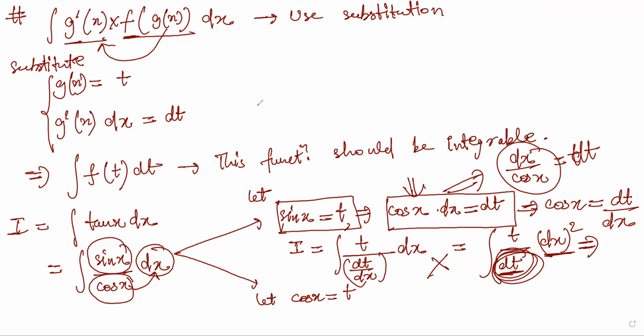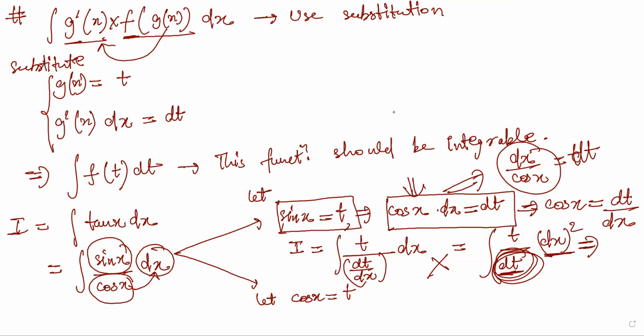Whatever variable you are using, we have to take d of that variable. You cannot have dx and dt in the same place, or t with dx or x with dt. No, you will have to substitute the whole variable in that case.